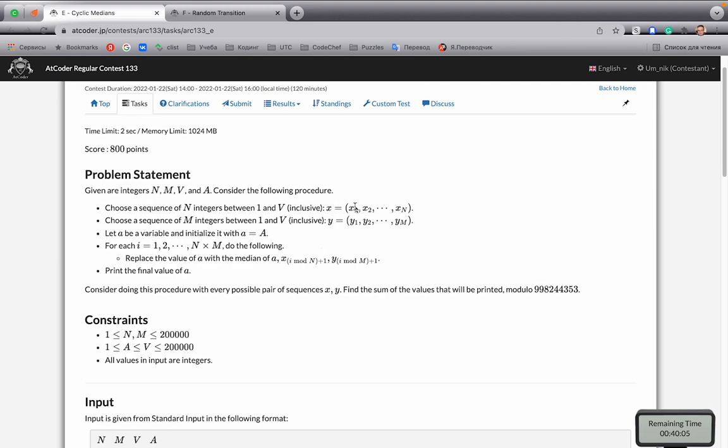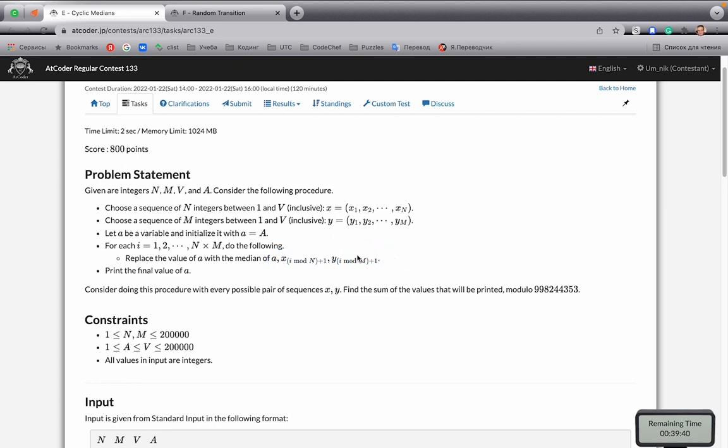What are the transitions? What happens when we do this now? If these two numbers are not equal, like one of them is 0 and the other one is 1, then our number doesn't change. Otherwise, our number becomes the same as them. If both of them are 0, then the median is 0.